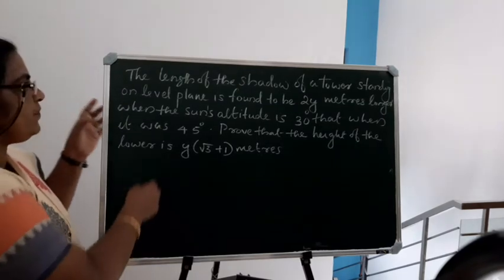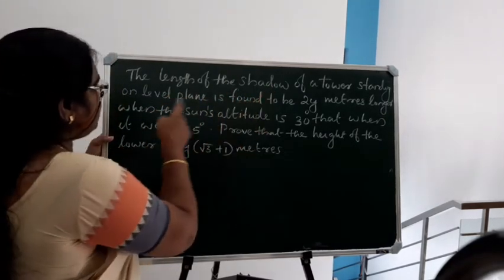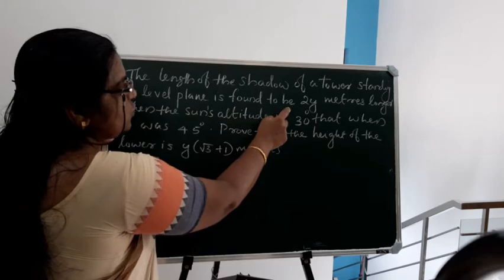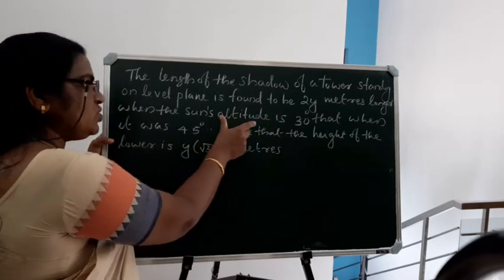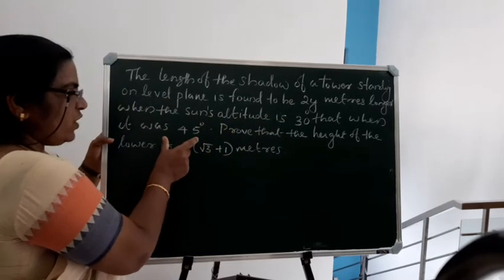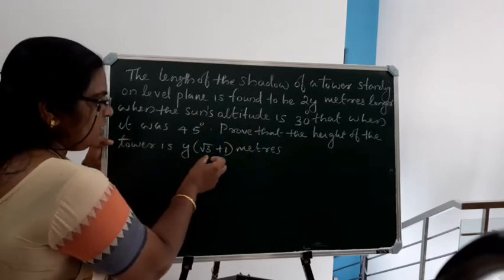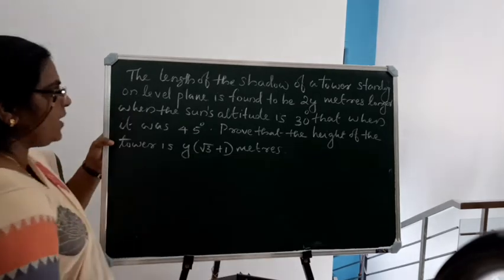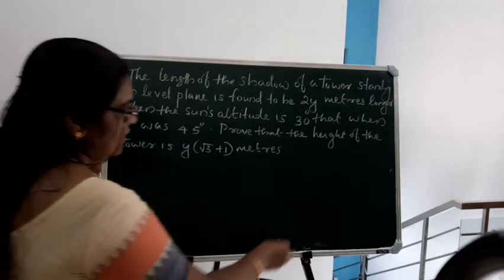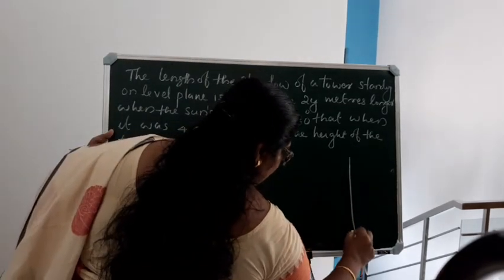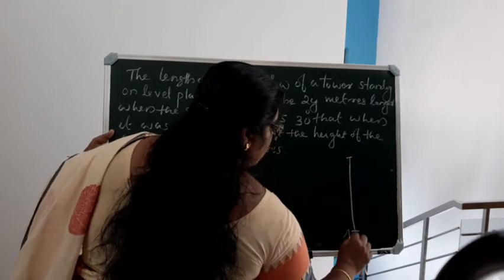The next one. The length of the shadow of a tower standing on a level plane is found to be 2y meter longer when the sun's altitude is 30 degrees than when it was 45 degrees. Prove that the height of the tower is y into root 3 plus 1 meters. Here, let AB be the tower and we don't know the height of this tower.